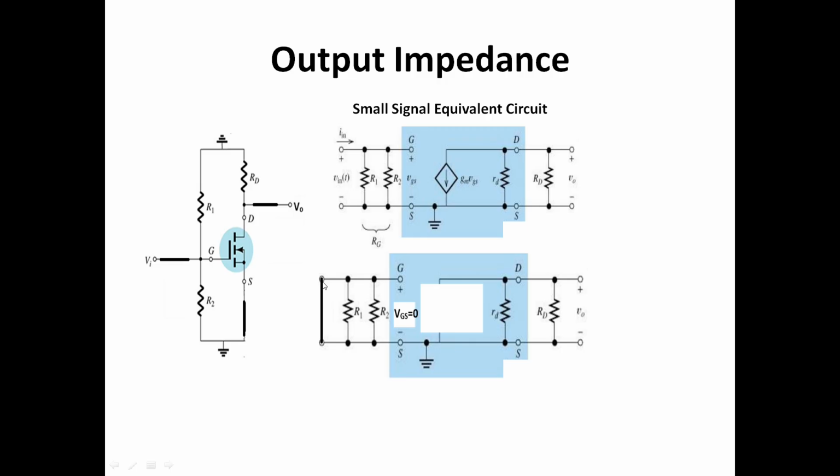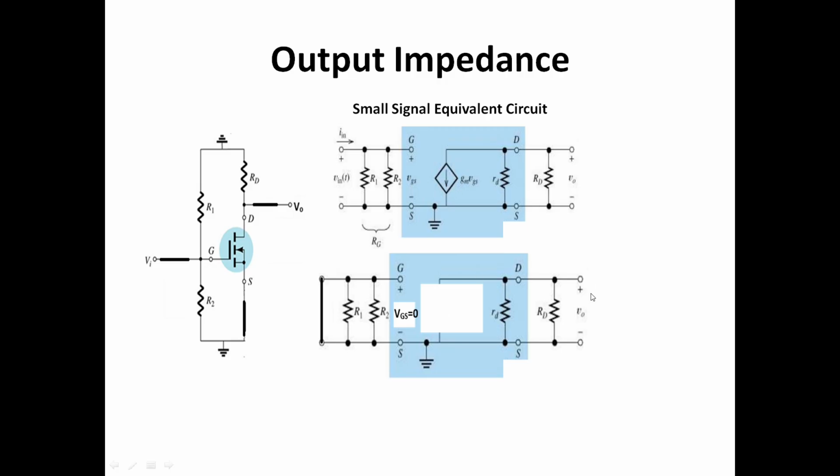So if we short the gate terminal to ground, then VGS will become 0. As VGS is 0, the current through this voltage dependent current source will become 0. That means it will be open, so we can remove the voltage dependent current source here.